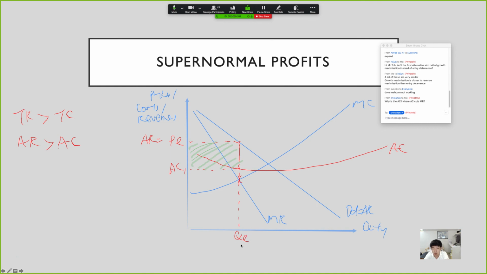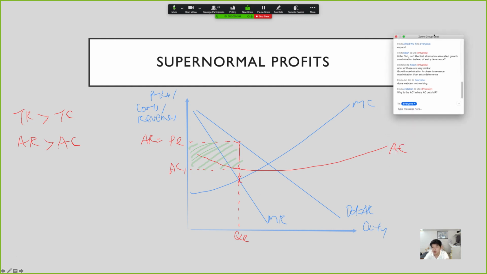So based on this output level, you go up to the AC curve and get the cost. You take QE, reference up to the AC curve, and this is your AC1. Okay?